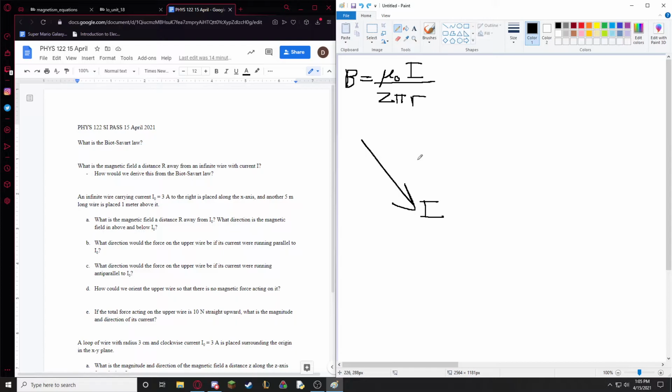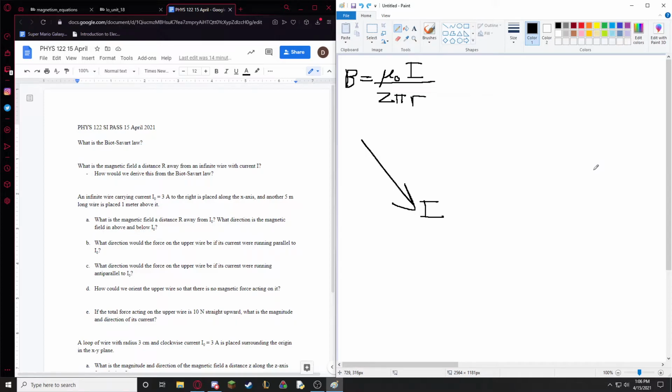Sorry about that. No problem. So out and perpendicular. So you're right. It's out and it is perpendicular. And how do we actually find the direction of our magnetic field? So we're trying to find the direction of the magnetic field.